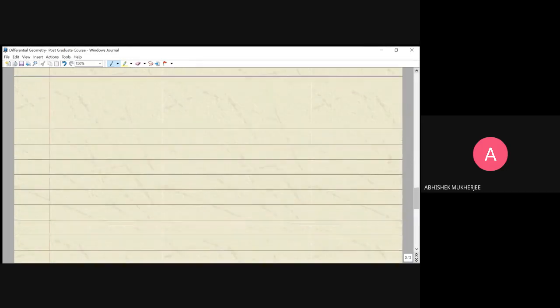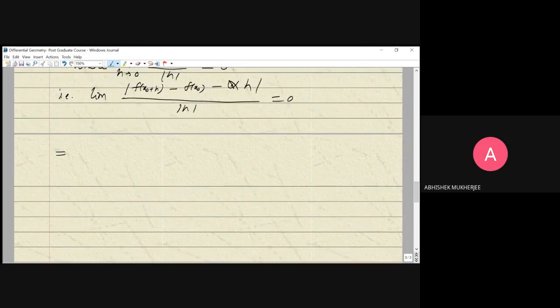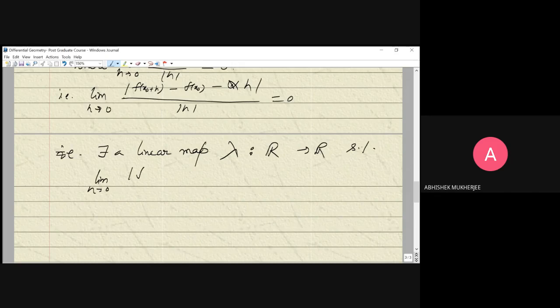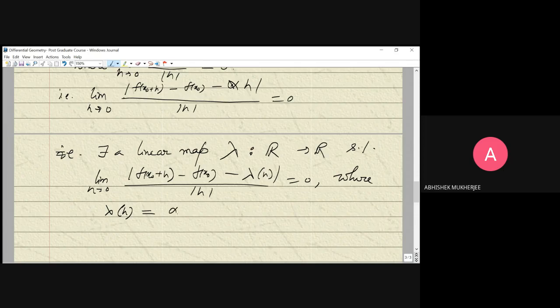That is, there exists a linear map lambda from R to R such that the limit as h tends to 0 of mod of f(x0 plus h) minus f(x0) minus lambda h by mod h equals 0, where lambda h is alpha h, right?